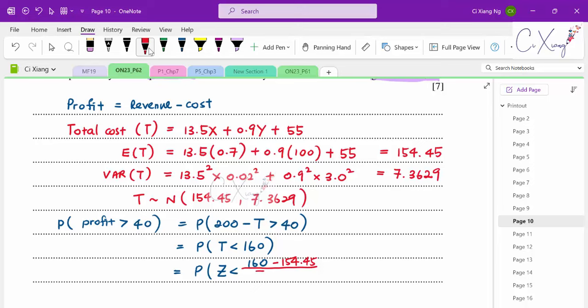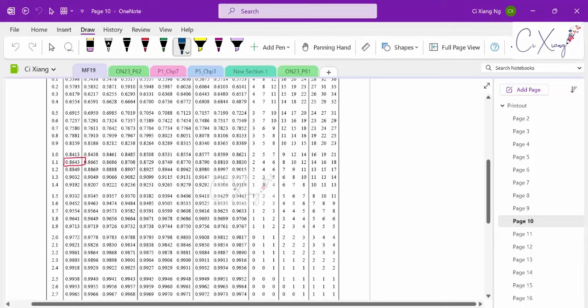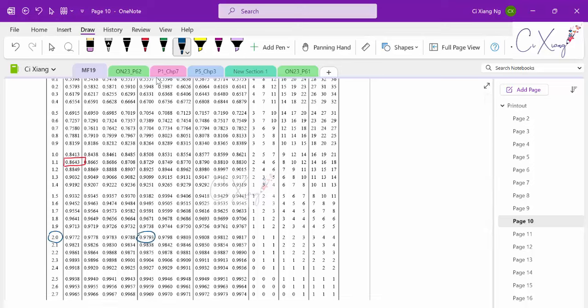So what's the standard deviation here? Square root of 7.3629. Then try to get 3 decimal places for the value of Z. It should be 2.045. Let's have a look for 2.045. 2.04 is here, then 5 is this value, right?